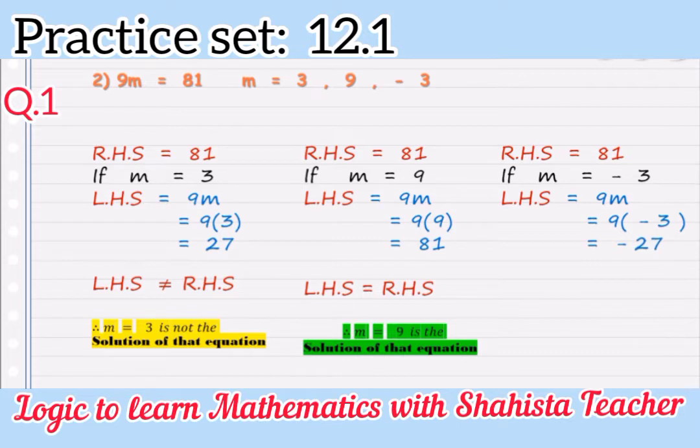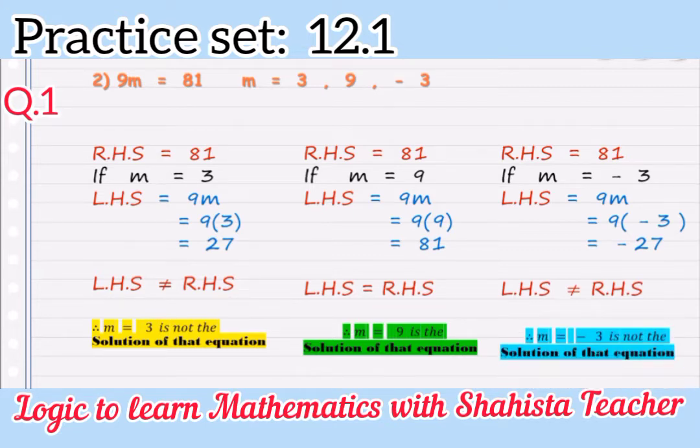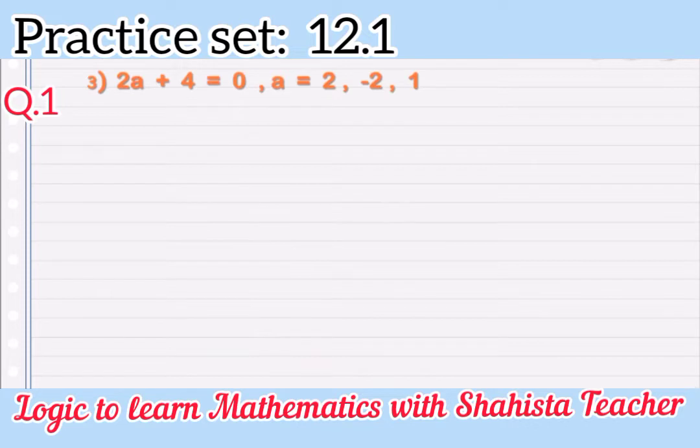LHS is minus 27 and RHS is 81. That means LHS is not equal to RHS. So minus 3 is not a solution of that equation. So simple. That means only m is equal to 9 is the solution of the equation.